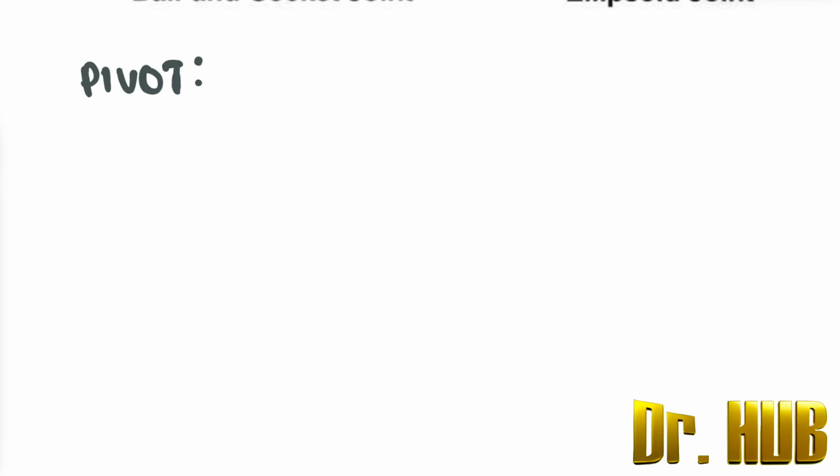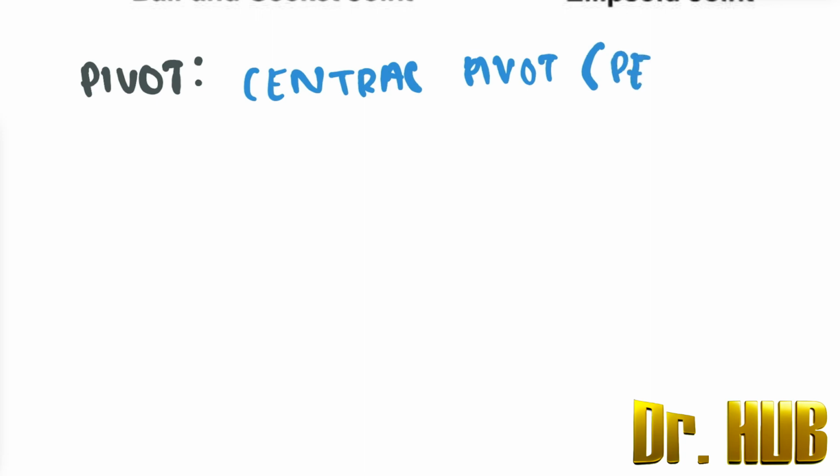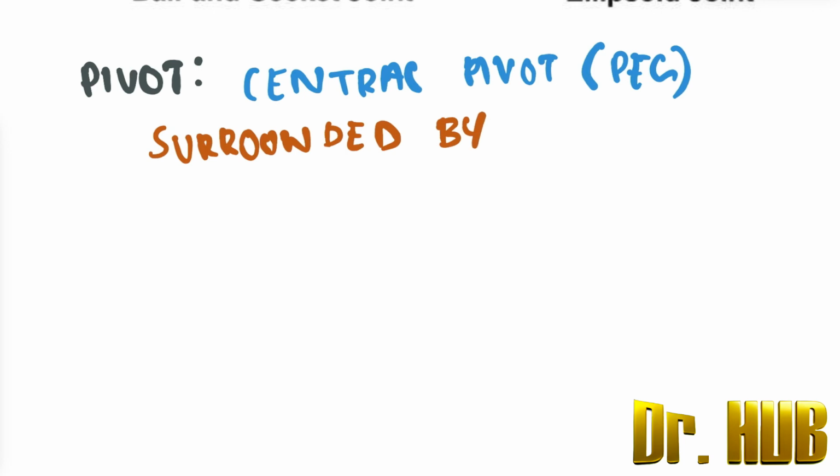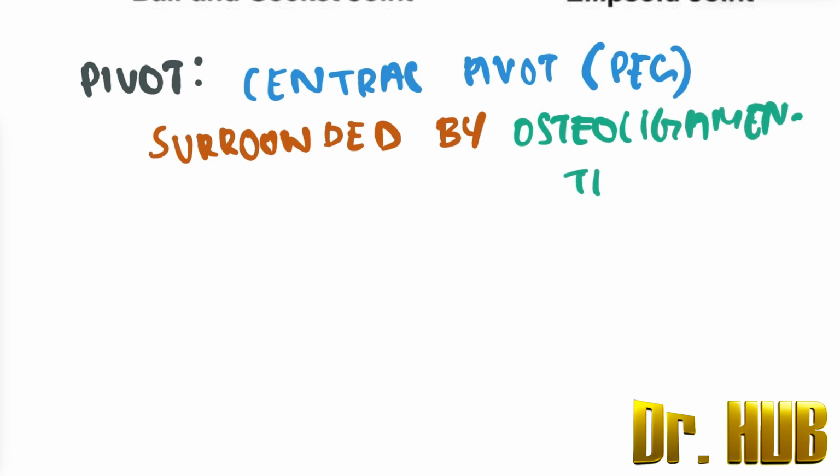The articulating surface is a central pivot, that is nothing but a peg, surrounded by the osteoligamentous ring.